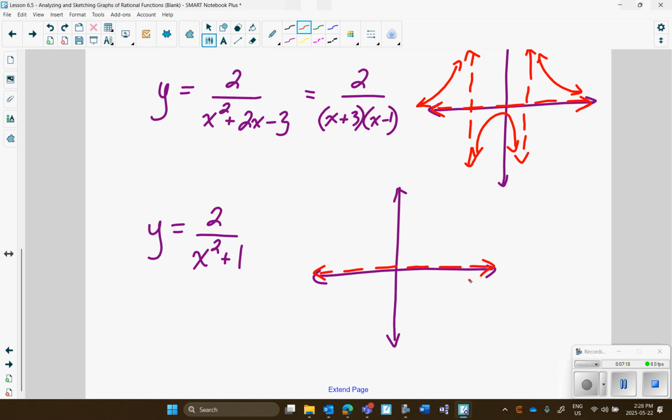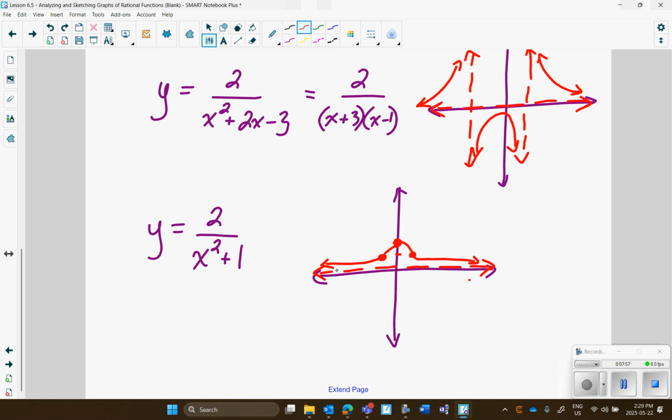If x is 0, y is going to work out to 2 over 0 squared plus 1, which is 2. If x is -1, -1 squared is 1, plus 1 is 2. 2 divided by 2 is 1. And if you do 1, you're also going to get 1 here. What was this shape? The speed bump. That was all from 6.4.